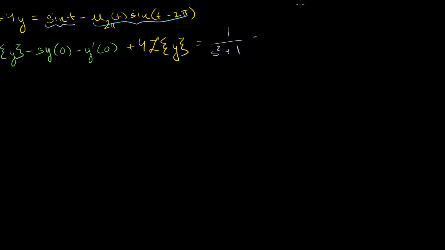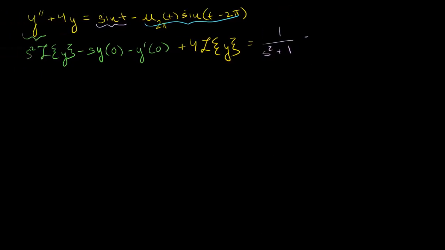We showed that the Laplace transform, actually I could just write it out here. This is going to be the same thing as the Laplace transform of sine of t, but we're going to have to multiply it by e to the minus cs, if you remember that last formula, where c is 2 pi. Let me write that down.